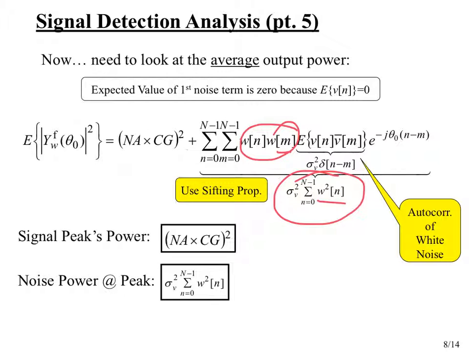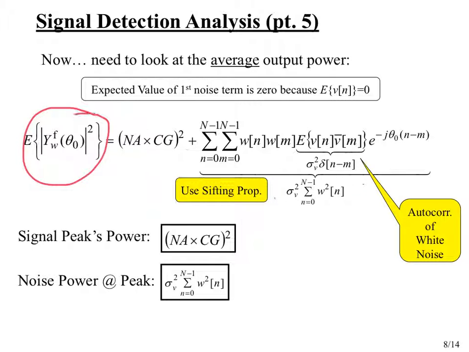So again, don't stress out over this. Just accept that this is how it works if you're not up to speed on all of this kind of manipulation. So we now see our fundamental result. We've got the average power of our DTFT having one part due to the signal and one part due to the noise.